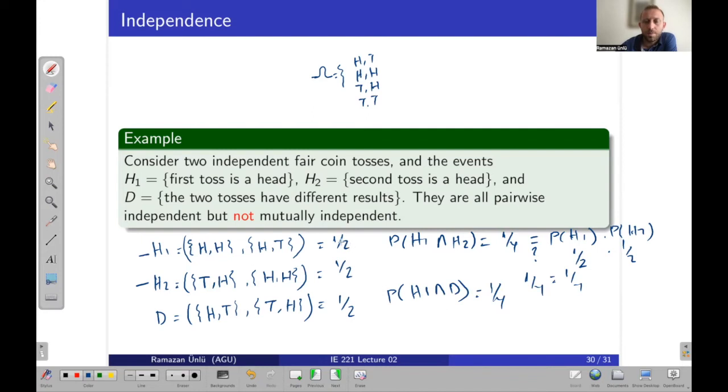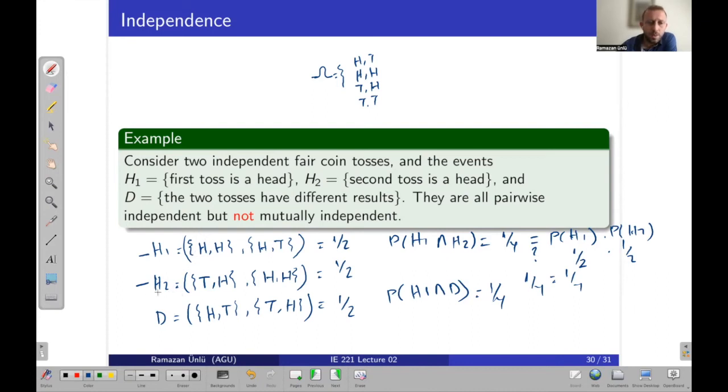And the multiplication of H1 and D is 1/2 times 1/2, which is 1/4. So we satisfy the second condition, and H1 and D are pairwise independent.